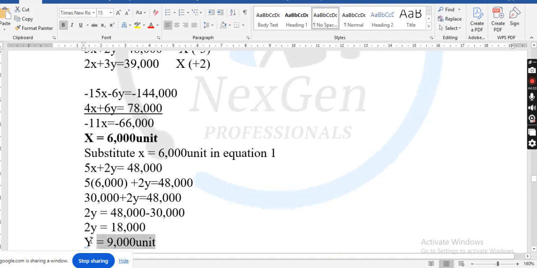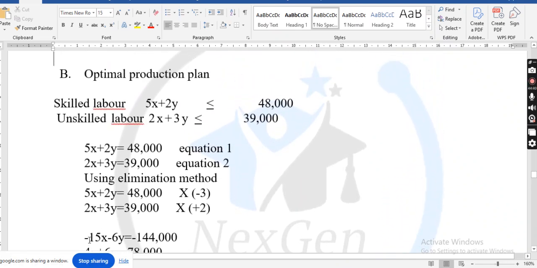For those who did not understand elimination, you can use substitution, and this is the one I feel will be easy for me. We pick from skilled labor and unskilled labor. If you have material A, material B, you can pick material A and material B, then substitute it in the equation.